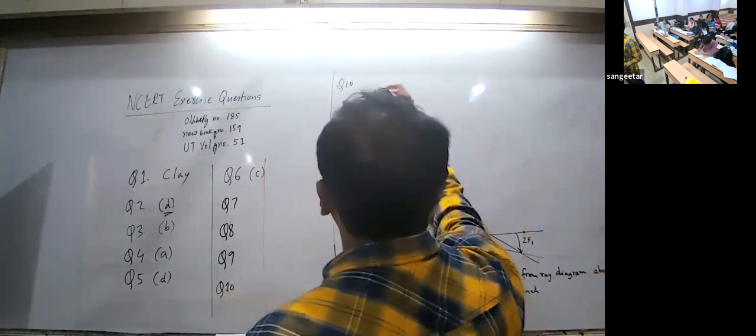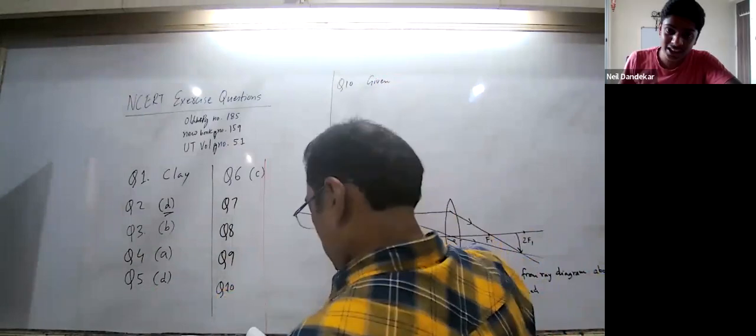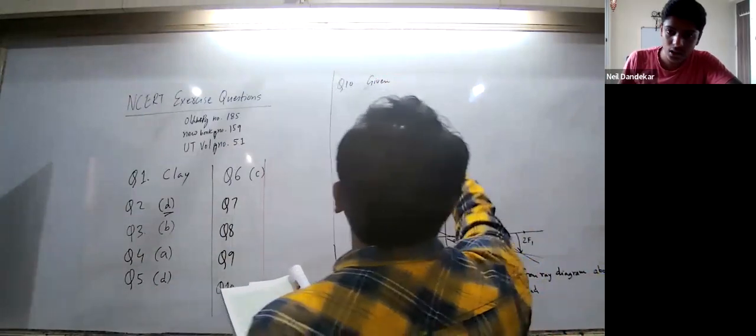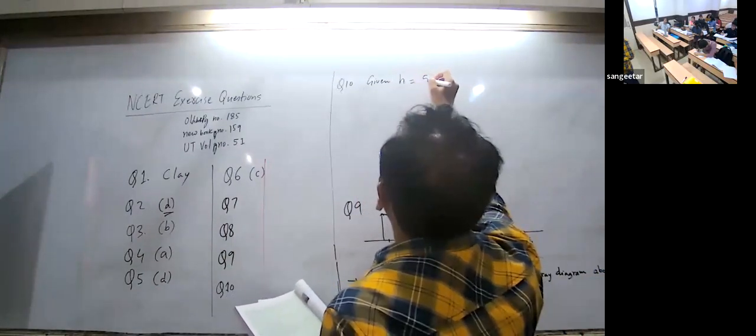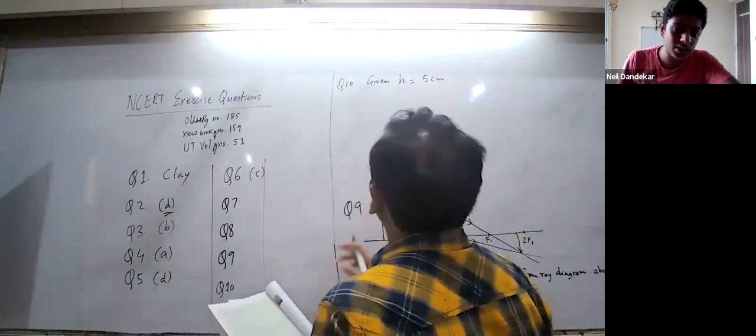So what is given in this? Neil, what is given in this? Height of the object is 5 centimeter. So h is 5 centimeter. What else? Then u is minus 25 centimeter.